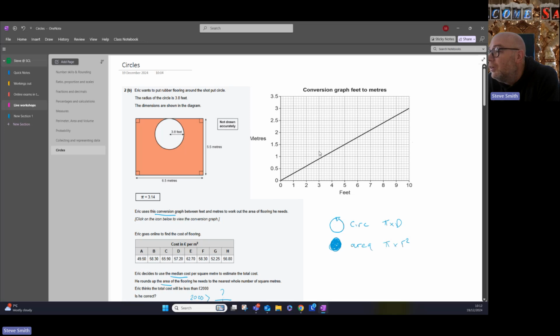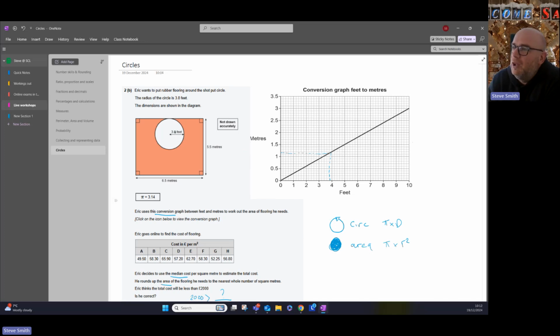So we're going to go across, and 1.2 is there. I'm saying 1.15. So I've gone up at 3.8 here, and then I've gone along, and I think it's between those two. I don't think it's quite on the 2, and I think it's beyond the 1. So I'm saying that the radius here now is 1.15 meters.